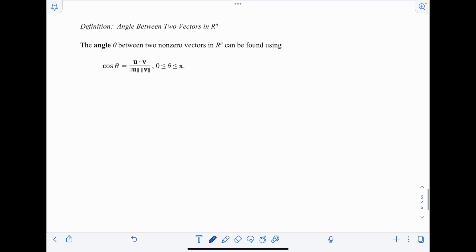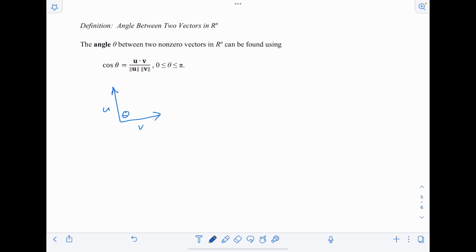This is basically saying if I have two vectors and I want to find the angle between them, we'll call this vector U and this vector V. I'll give these terminal points V1, V2, and U1, U2.